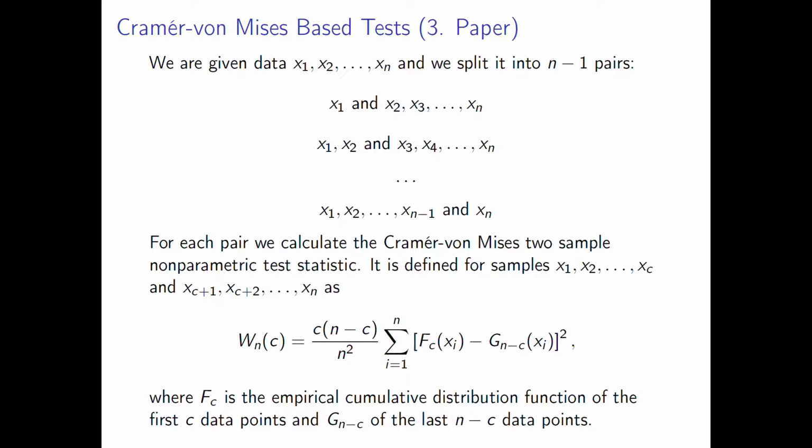Next, we pair x1 and x2 to all the rest of the data, and so on until we pair the first n-1 data points just to the last data point. For each pair, we calculate the Cramer-von Mises two-sample non-parametric test statistic, and it is defined for samples x1 to xc and xc+1 to xn as follows.